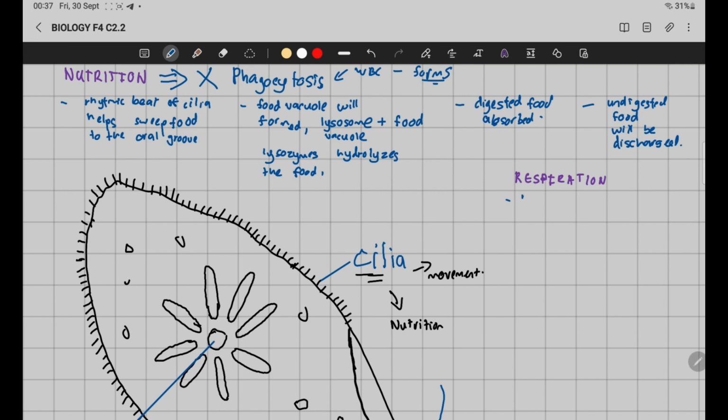So respiratory gas, same like amoeba, they exchange through the plasma membrane by simple diffusion. Again, I want to highlight here that the process occurs through simple diffusion. What I highlight here, you will learn later in chapter 3.